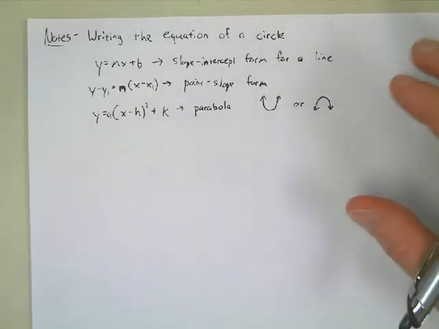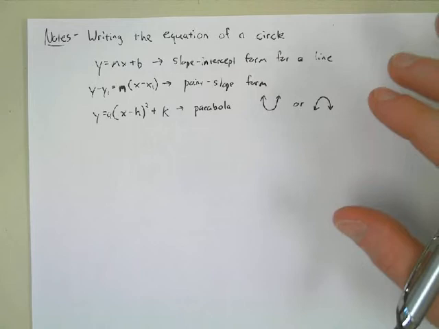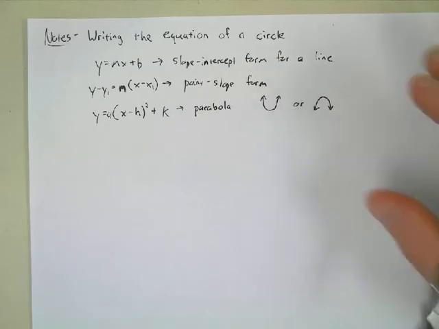Well, circles also have an equation. Believe it or not, you can write an equation so that when you graph it on your graphing calculator, it would graph a circle.